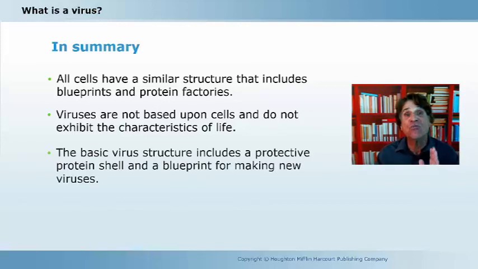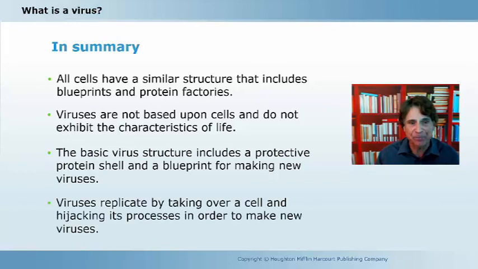So the basic virus structure includes a protective virus shell made of protein and a blueprint for making new viruses. And that blueprint is in the form of a nucleic acid, which could be either DNA or RNA.